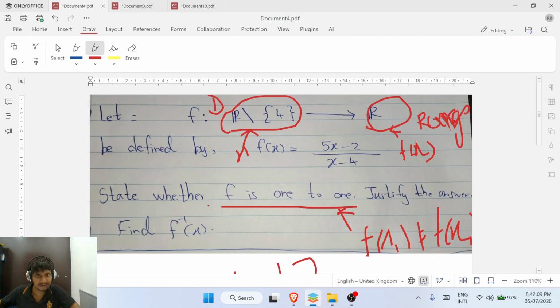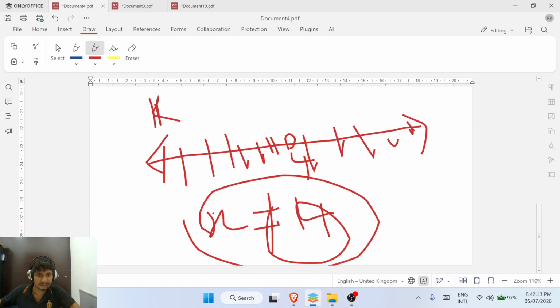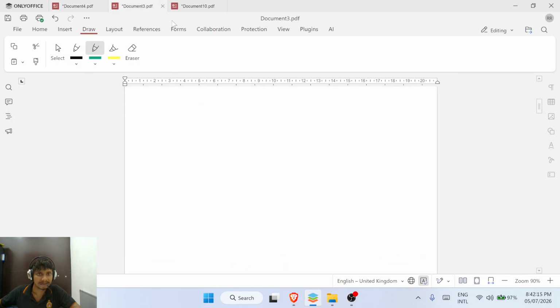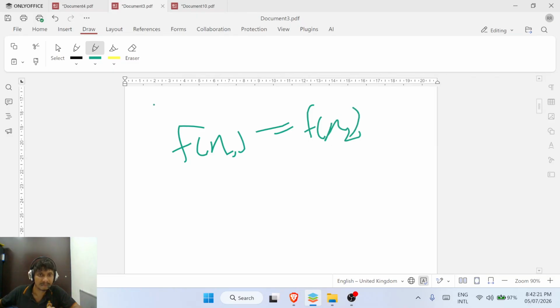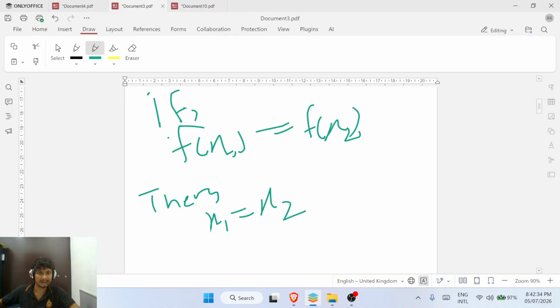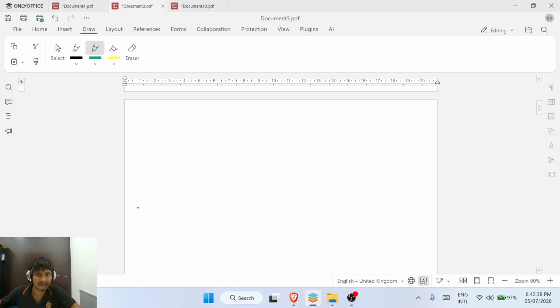Now we state that f is a one-to-one function because if f of x1 is equal to f of x2, then x1 is equal to x2.